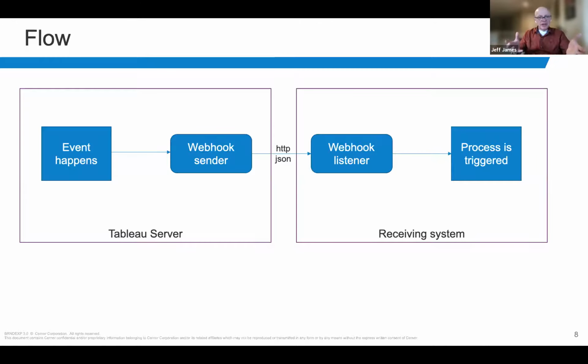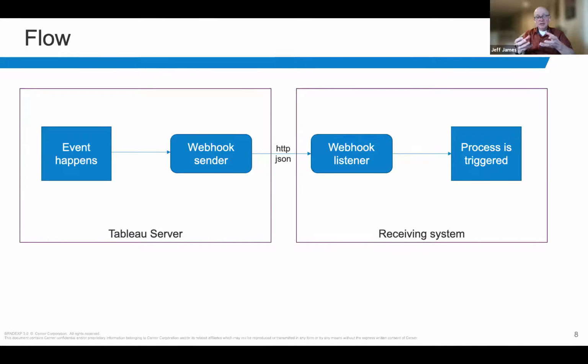So the basic flow: some sort of event happens inside of the Tableau server that goes through and it sends it to its sending process. And that webhook sending process says, oh, okay, this thing happened.